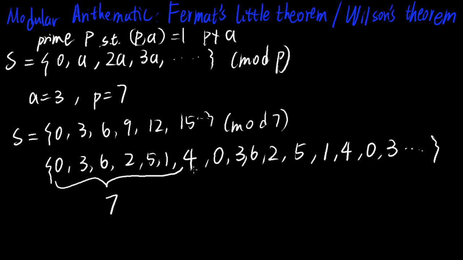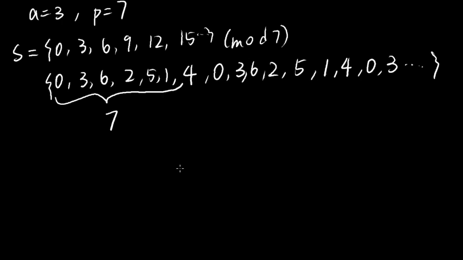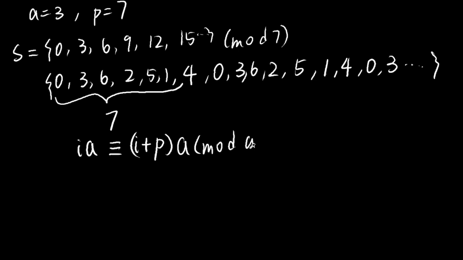It is easy to explain why it is periodic, because for example, the i-th element i times a should be congruent to (i plus p) times a mod p, right?